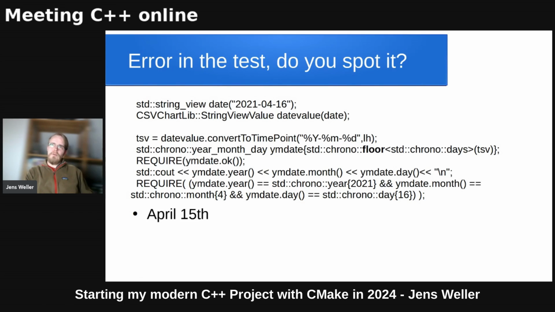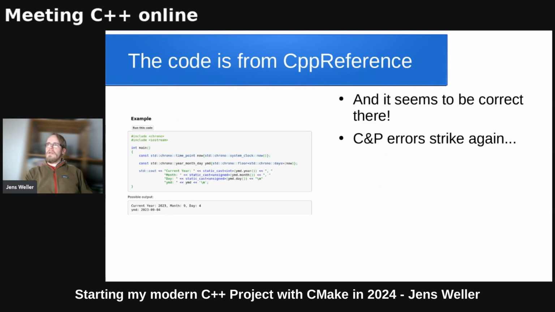I'm not sure where this is coming from, but if we use round, it works. I've been looking at where I got this, and I was like, oh, this must be from cppreference, and I wondered whether this is correct for the example code.